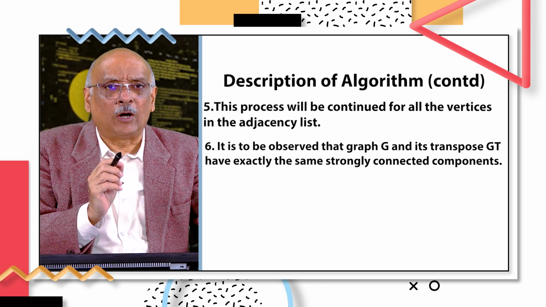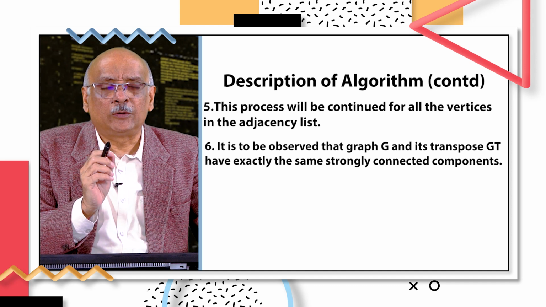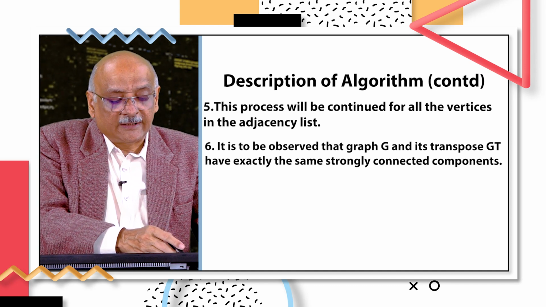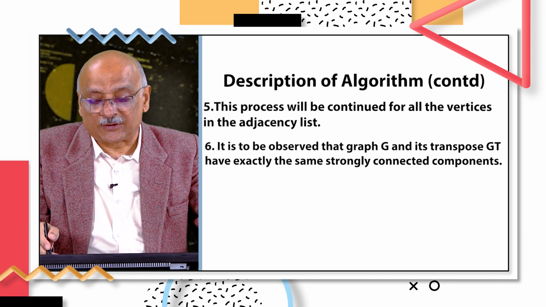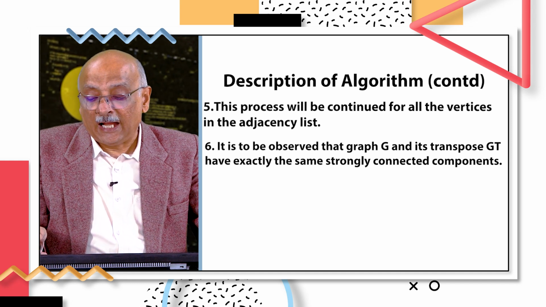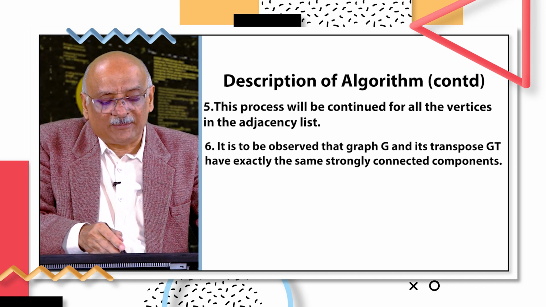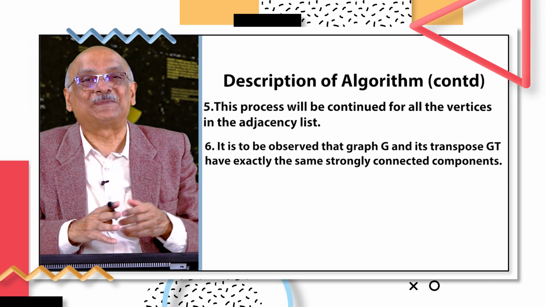Now, a very important point to observe here is that the graph G and its transpose GT have exactly the same strongly connected components. Why? Because when strongly connected components are there, even if you reverse the links, they are going to remain strongly connected components.